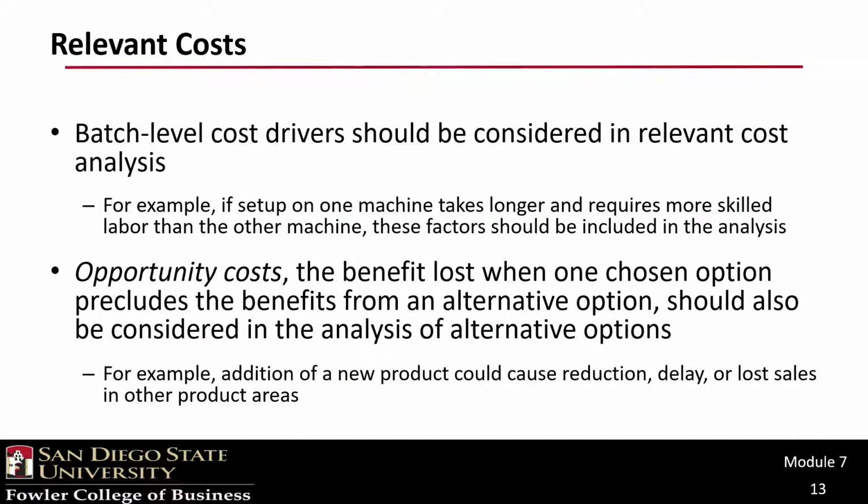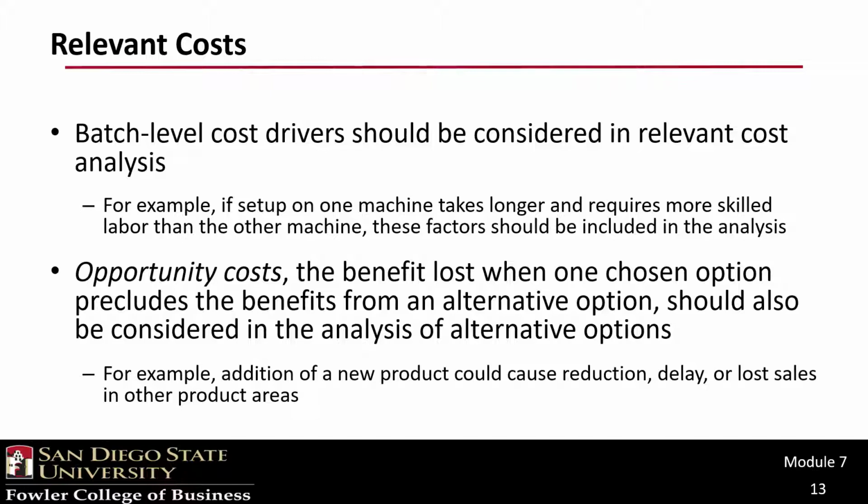Okay, so when we think about relevant costs from our cost accounting perspective, make sure we consider batch level cost drivers. Because if a setup on one machine takes longer or requires more skilled labor than the other, you've got to consider those factors. And then you also need to consider opportunity costs. If you go back to our 420 example with Jim headed to Colorado, we definitely ignored the opportunity cost that might exist.